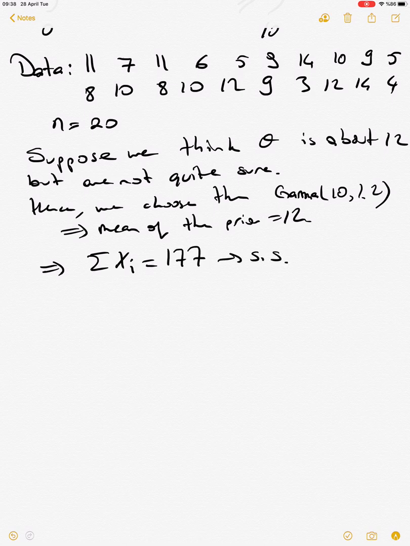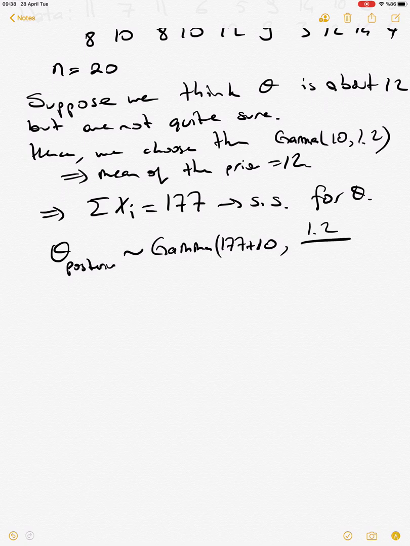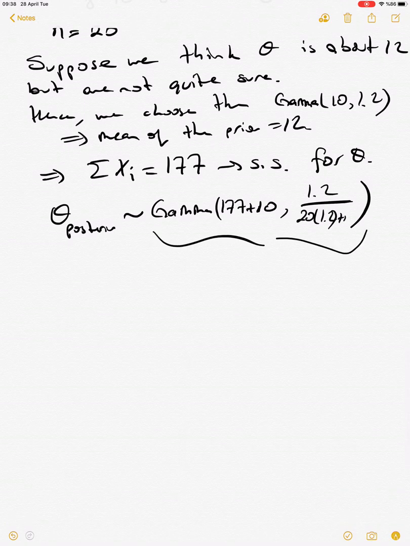This is actually the sufficient statistic for theta in the classical approach. Then the theta posterior will be gamma, and we have this plus alpha, and this gives us gamma 187 and 0.048.